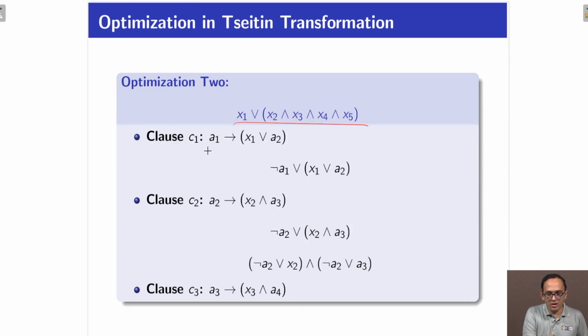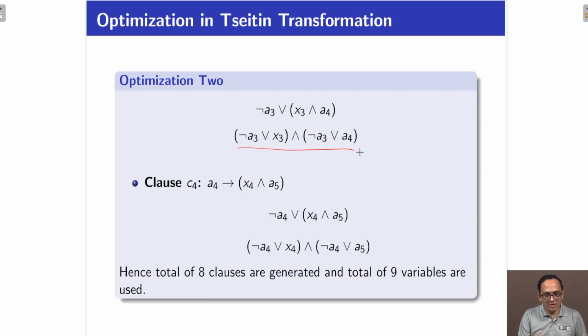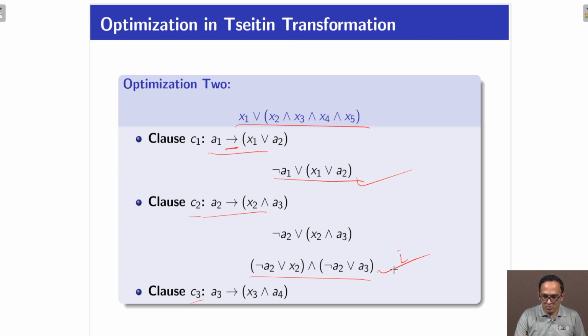So, for C1 I will get this, for C2 I will get this. As I mentioned, I do not need the bi-implication now, right. So, I just keep implication here and I will get one clause here, from this I will get two clauses, from C3 I will get two clauses, from C4 I will get two clauses. So, overall clauses I will get 2 plus 2 plus 2 plus 1, right, 7, plus the original one.